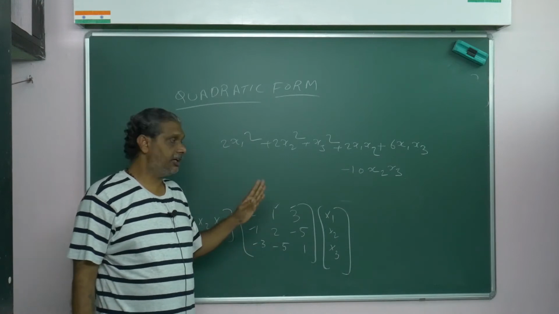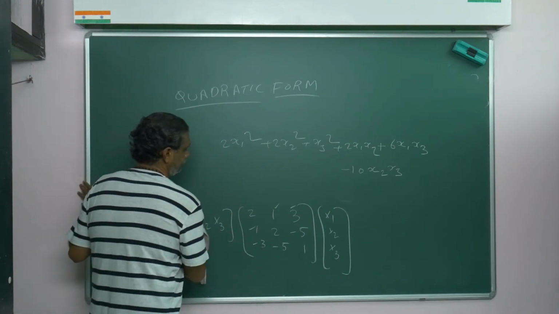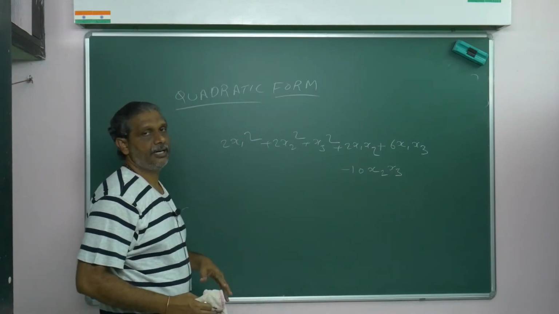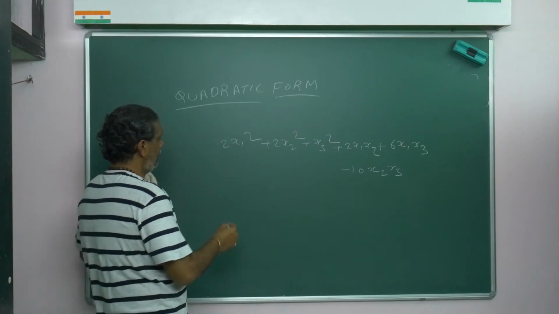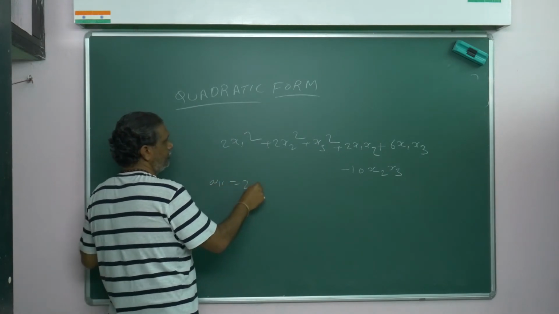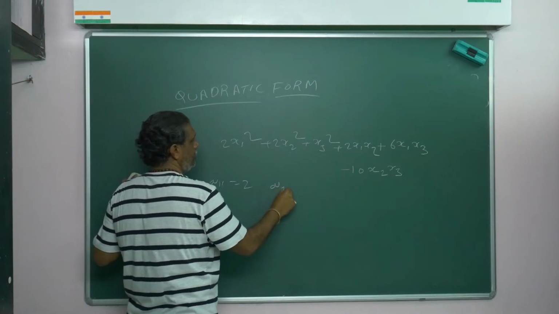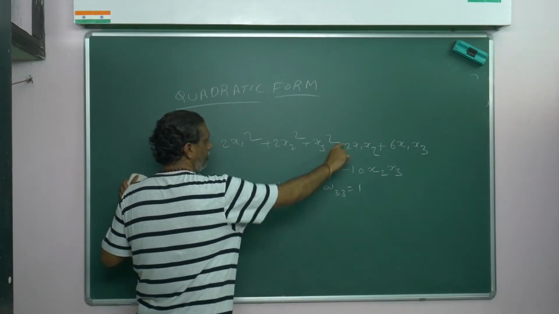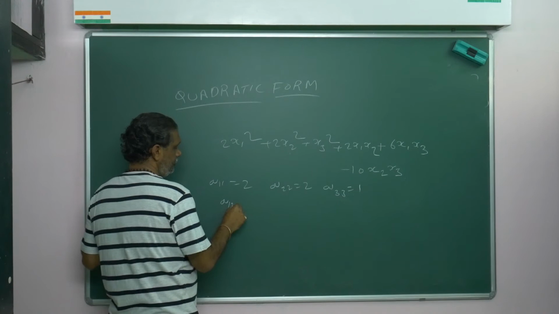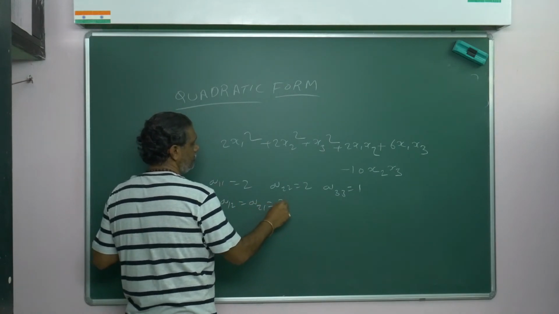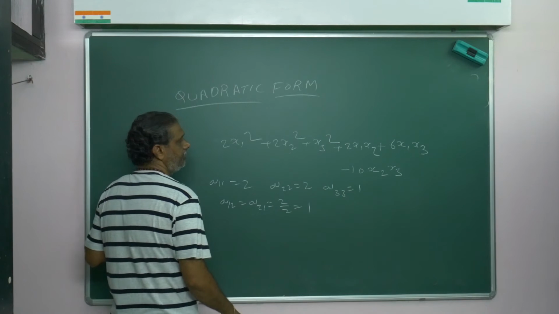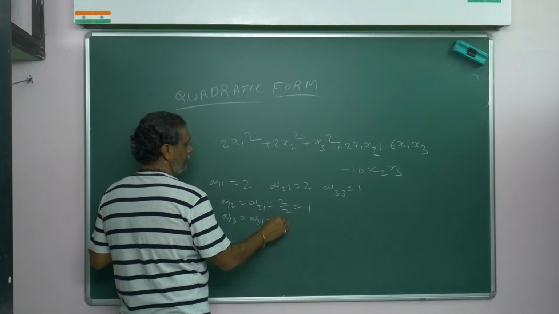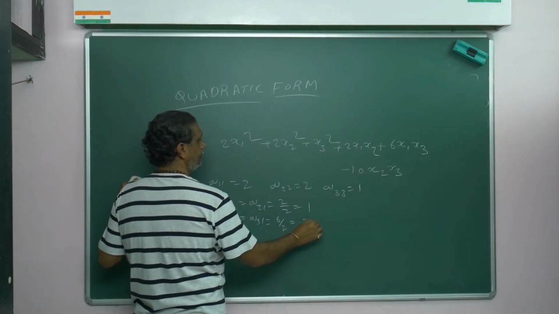Suppose they give the quadratic form without giving the matrix and ask you to find the matrix. On the diagonal, a11 is equal to 2, a22 is equal to 2, and a33 is equal to 1. Then a12 equals a21 equals 2 divided by 2, which is 1. Then a13 equals a31 equals 6 by 2, which is 3.